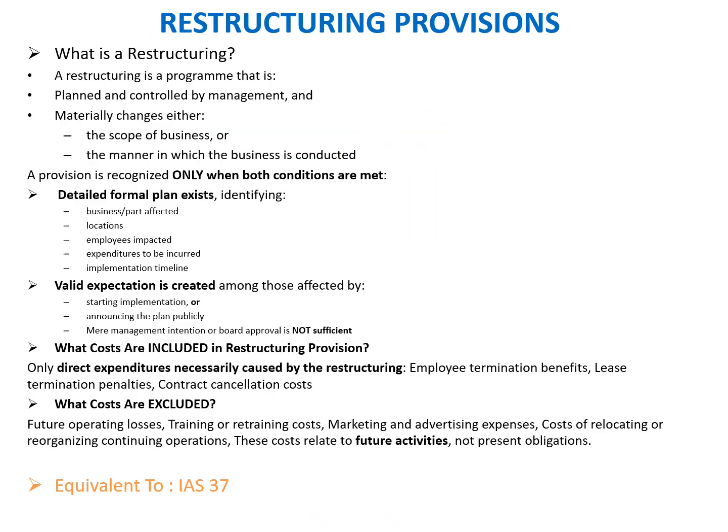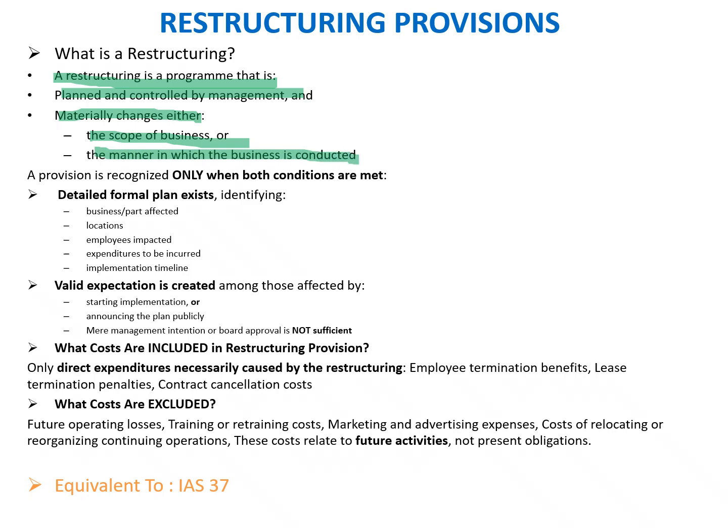Okay, now we'll talk about special cases like restructuring, and how we have to create the provision for restructuring. Before that, let's quickly spend some time understanding what restructuring is. Restructuring is a program that is planned and controlled by the management and materially changes either the scope of the business or the manner in which the business is conducted.